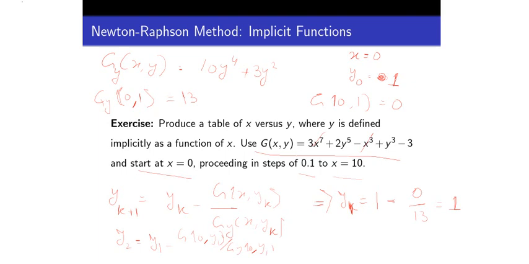So we are actually trying to find y for a given x. At each step you will get y1, y2, y3, all equal to 1, so at x equals 0.1, y is 1. That's very clear.